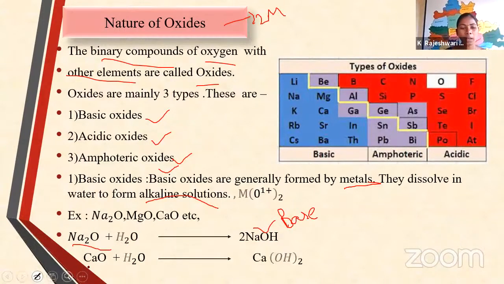Then if you take calcium oxide and react with water, we'll get calcium hydroxide. It is also a base. Base means it should compulsorily have OH. So basic oxides are always formed by metals, because sodium, magnesium, and calcium are metals.